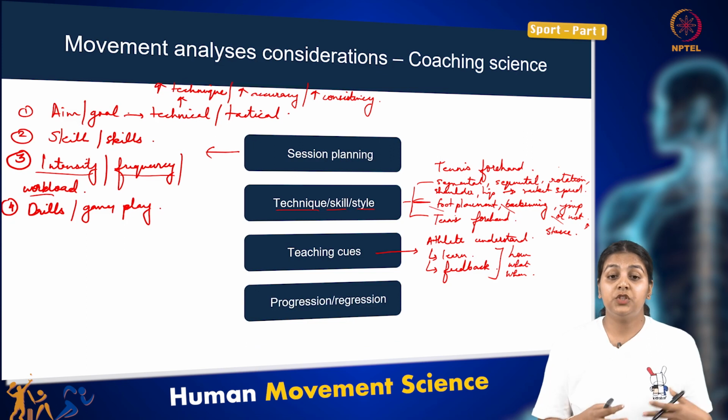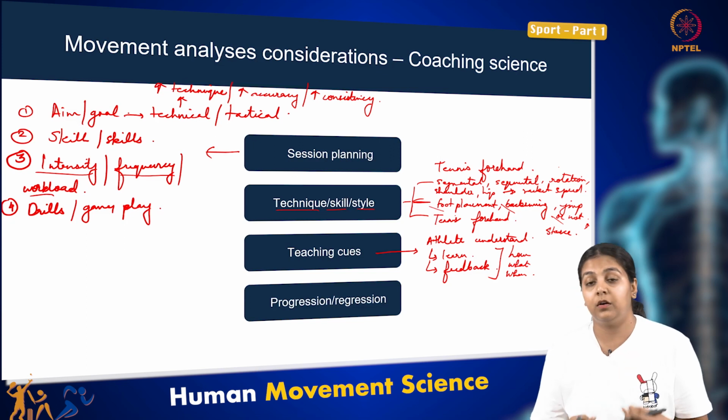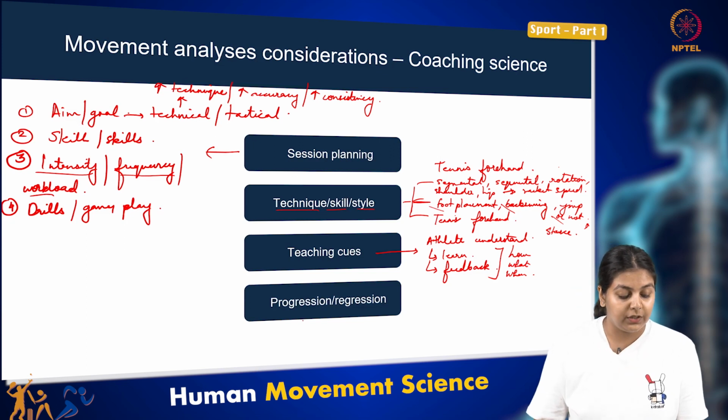And then once you know your teaching cues, they will also dictate if the athletes are able to understand it better. If they're performing better, you would then progress them. This could be an increase in intensity.